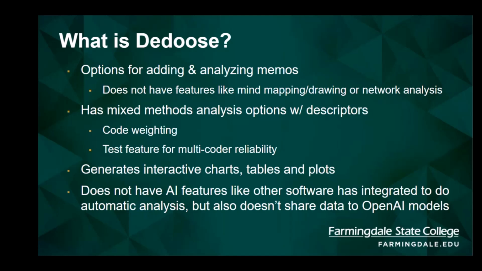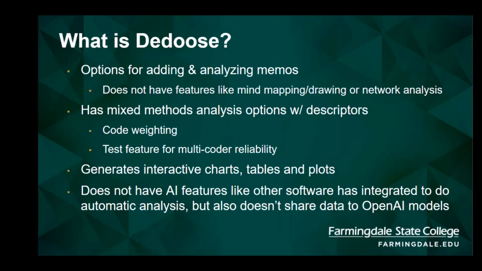It does not have some features that you might like, particularly if you're interested in doing advanced forms of analysis like mind mapping, drawing, or network analysis, but it does have some mixed methods capabilities. So you can add descriptors such as gender or race to your data, for example, in interviews, and then see how your respondents look different on different codes.